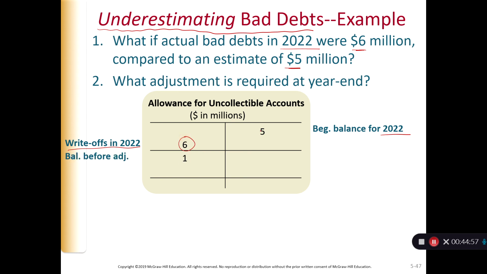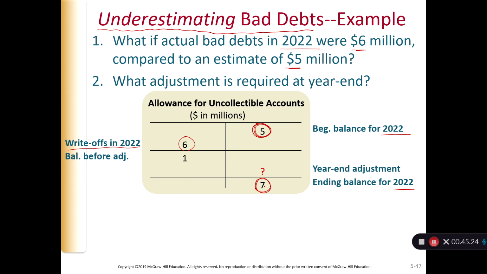That means we underestimated the bad debt situation in year 2021, and the adjusting balance of the allowance account has a debit of 1 million. But based on the aging record we used, we know that at the end of 2022 we should record 7 million.